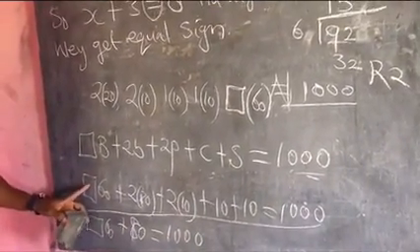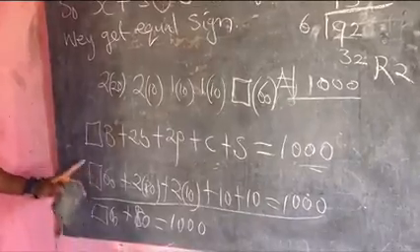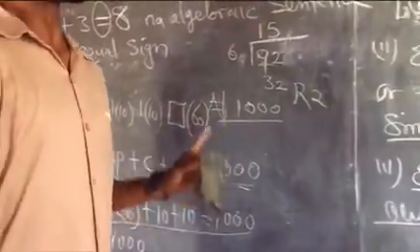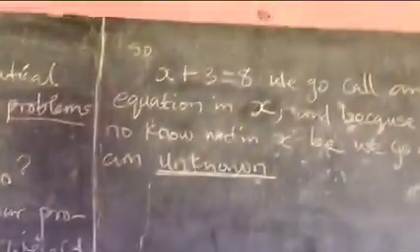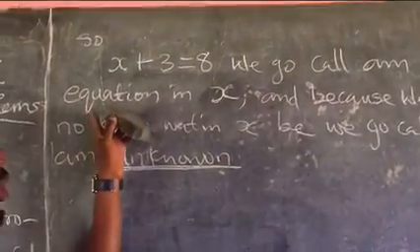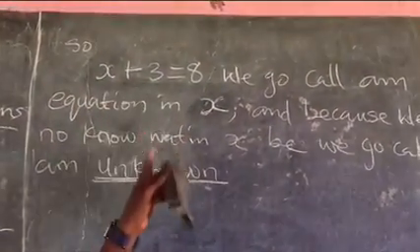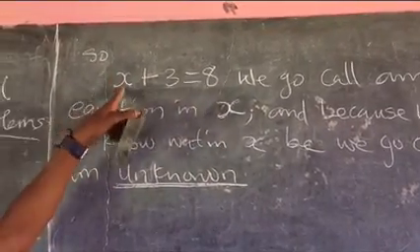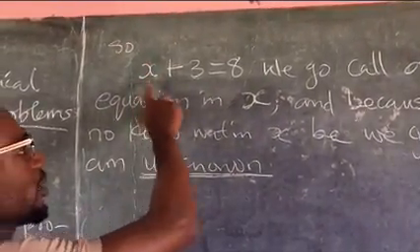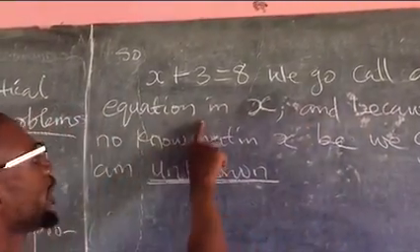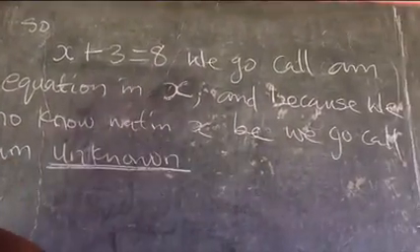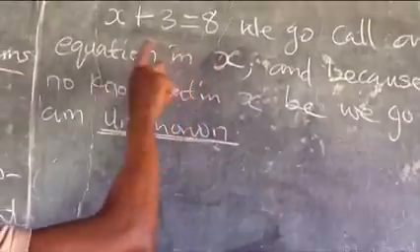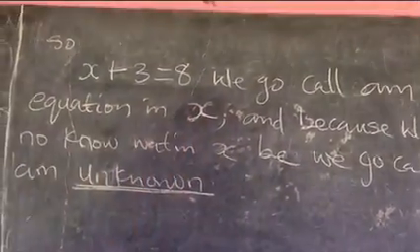Because now the box, now is my problem, or now is my question what I want to answer. So the question what you want to answer, or the problem what you want to solve, then that equation is in that problem. So for here now, the question what we want to solve, or our problem, now x. So we call it equation in x. So as per saying that x be the problem what we want to solve, x now no.